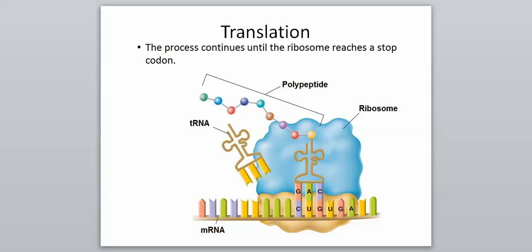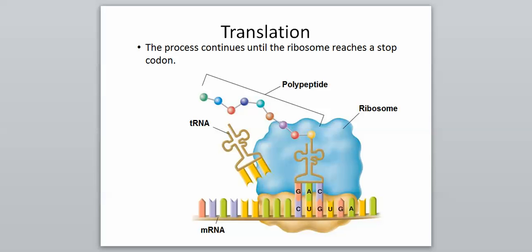This process will continue until the ribosome reaches a stop codon. Remember, the stop codons signal the end. It's going to stop its whole process. Up here on the top, we have our polypeptide chain, also known as protein, all these different colored dots. Eventually it will come to a point where it stops, and this will be a protein that's ready to go serve a function somewhere else out in the cell. So that's pretty much it.